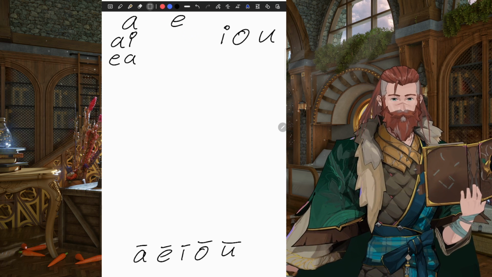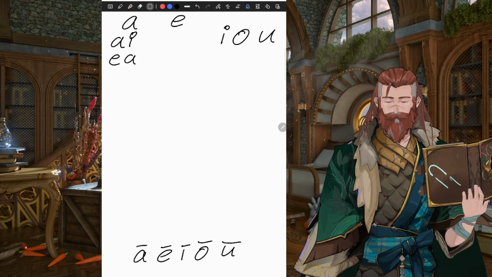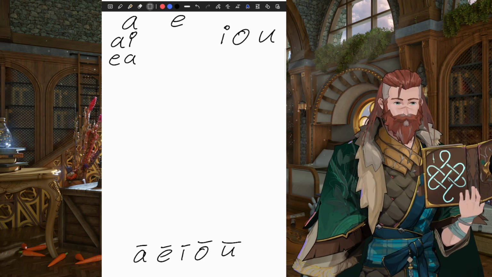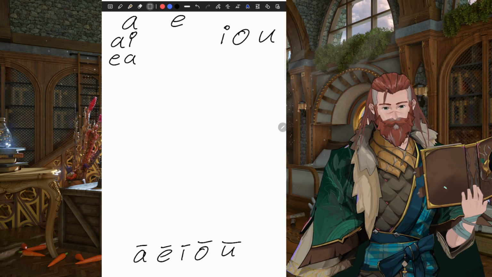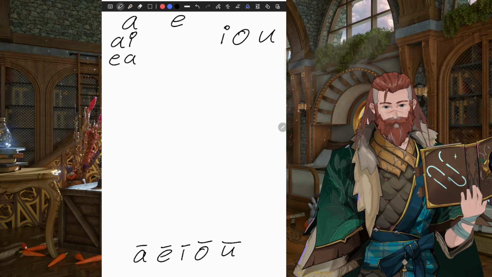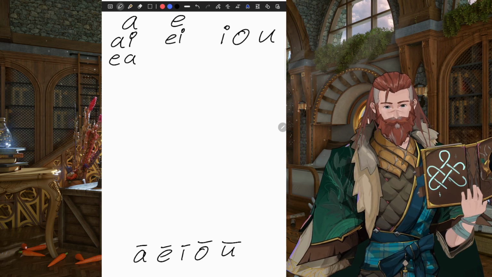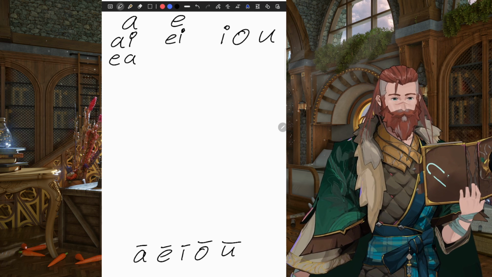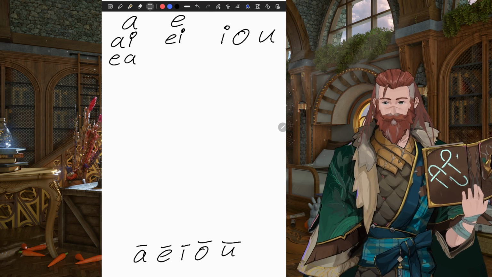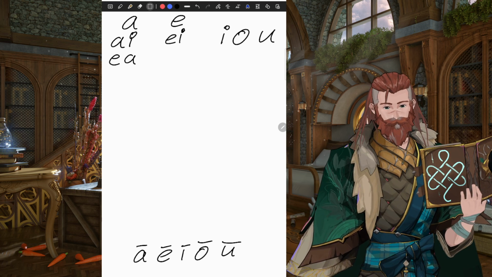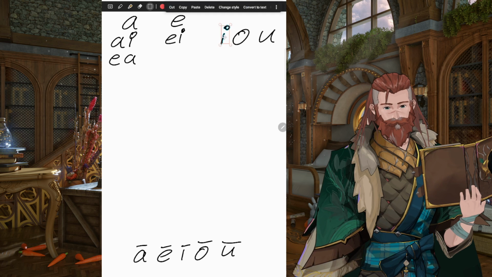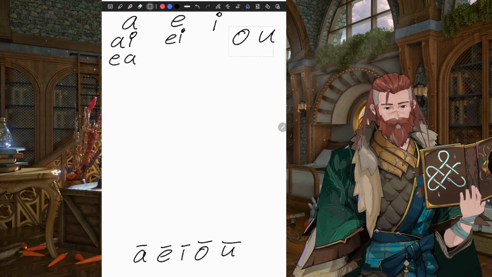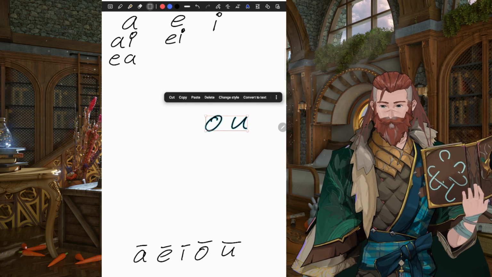So your combinations for E are a bit more limited. So you've really only got EI. Again, the I is just there to inform the pronunciation of the next consonant. The I has got a few more options.